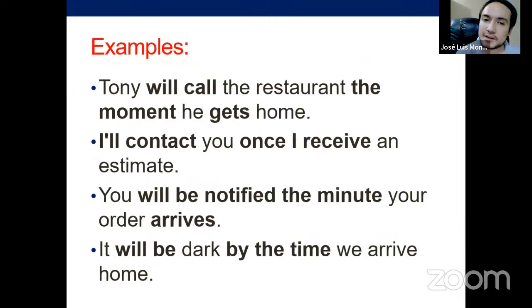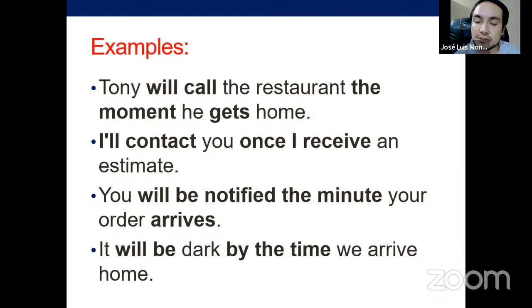And here are some examples. Tony will call the restaurant the moment he gets home. Okay, so it's also time, right? It's a time expression, it's a time clause. We know when Tony will call the restaurant. Okay, we know that idea and then it is correct. I'll contact you once I receive an estimate.